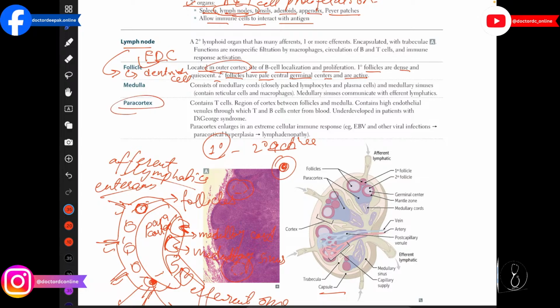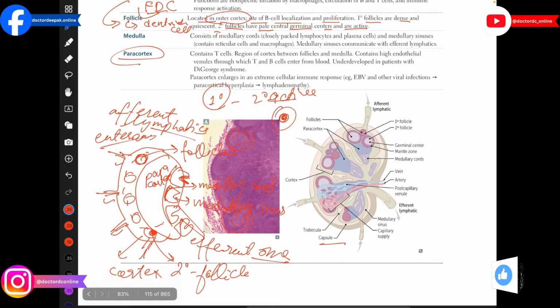Second, now we go to the paracortex. In the cortex we have the follicles, then moving inside, it will be the paracortex. In the paracortex there will be T cells. It is a region between the follicle and medulla, and contains high endothelial venules through which the T and B cells enter from the blood.